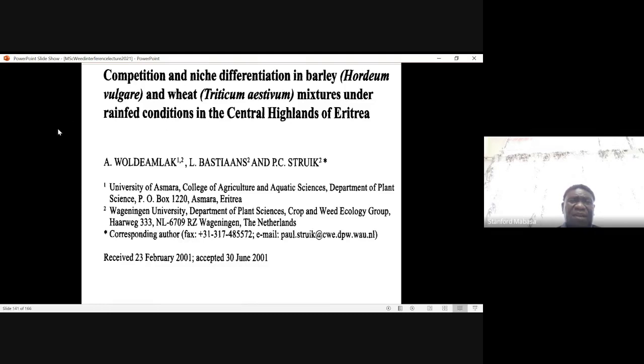Now, this is a paper done in Eritrea, but they are not using weeds as such in this paper. They were growing barley and wheat, but they used the addition series for their study.